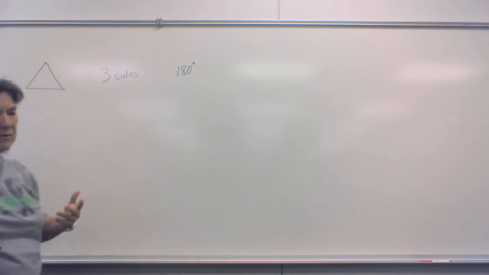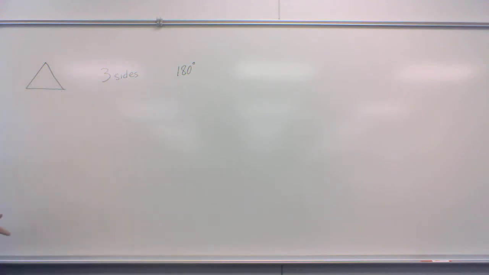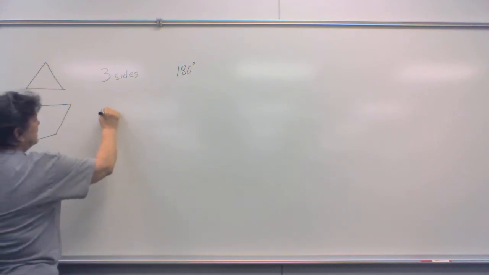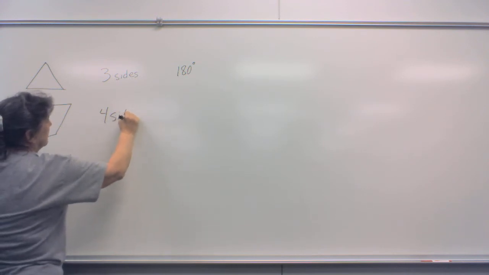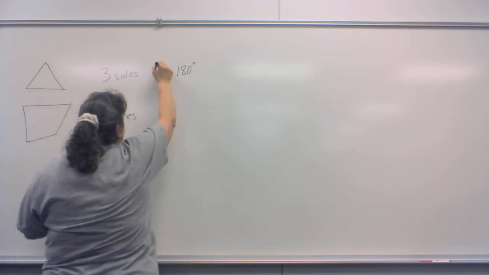We know that one. We've already talked about that one. Okay, so now let's look at a 4-sided figure. And it doesn't really matter what this 4-sided figure looks like. First of all, how many sides does it have? It has 4 sides.